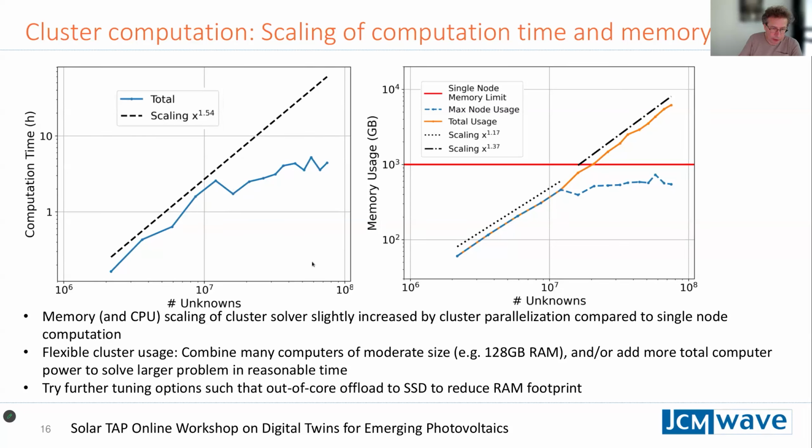So you see that you can solve problems on your cluster which on a single node, limited by this limit here, would not be feasible or doable anymore. And then here you see the total memory usage going up, and it's always limited. Okay, no, it's something like 500 or 600 gigabyte, I guess, was the limit here.